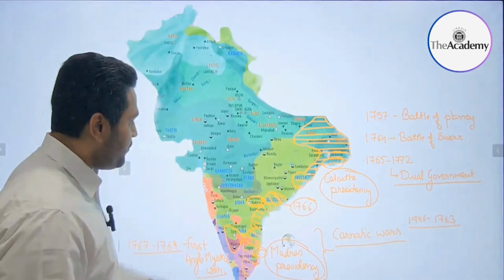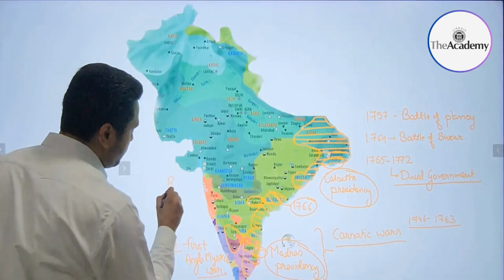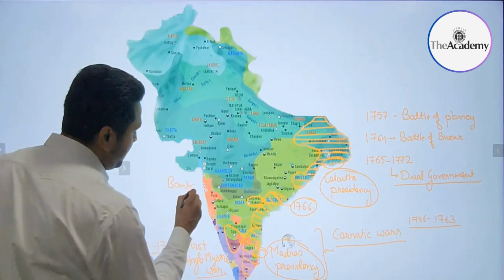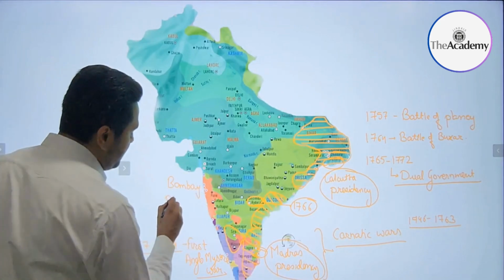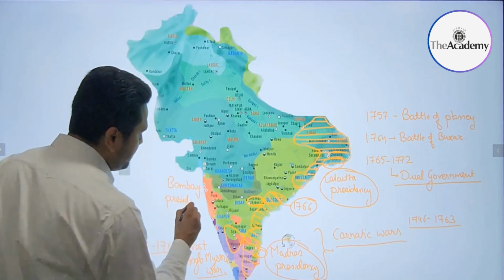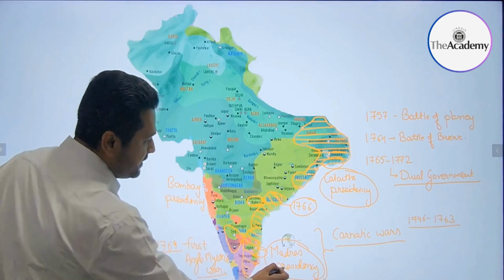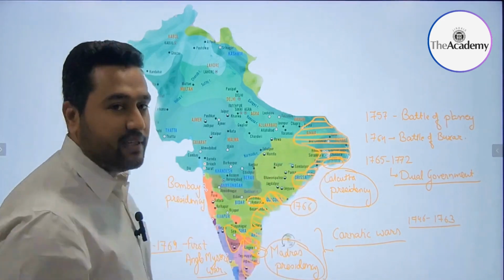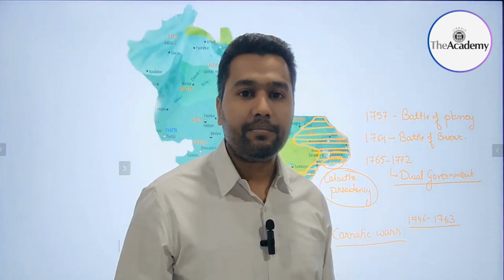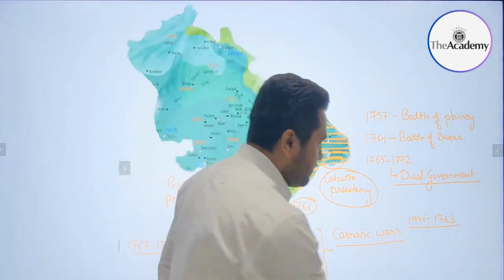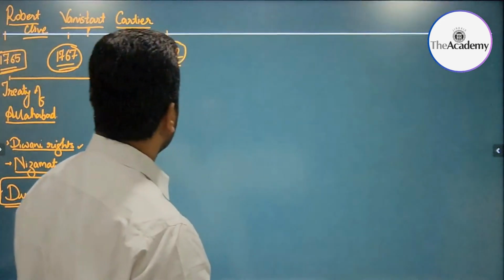So the Marathas were a formidable power. Therefore, Bombay presidency was always waiting for some form of an opportunity to do what Madras and Calcutta presidency had done.